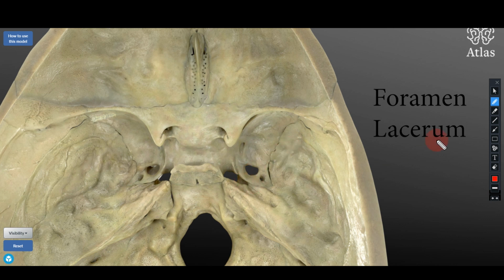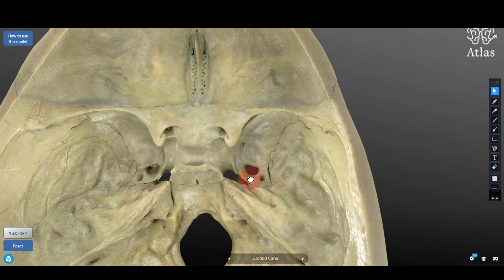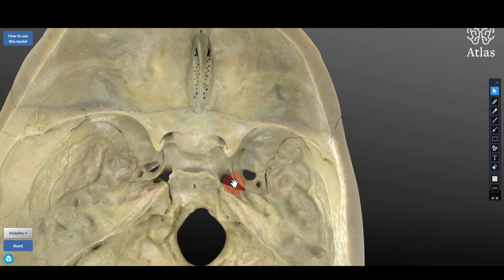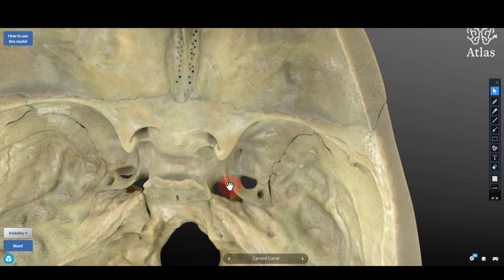The point that you need to know is that foramen lacerum is actually a dried skull artifact. You see foramen lacerum as you see in this model only in a dried skull. Okay, in an actual live person, this will usually be closed by fibrocartilaginous tissues. And only the upper part of the foramen lacerum allows the passage of the internal carotid artery.